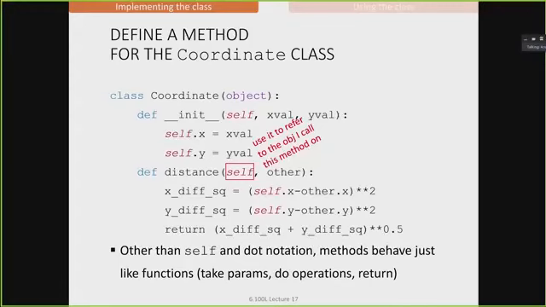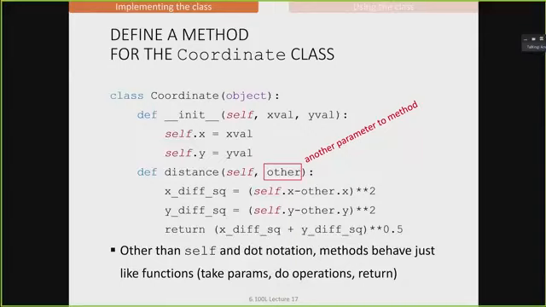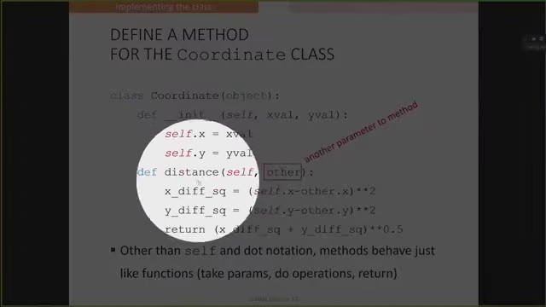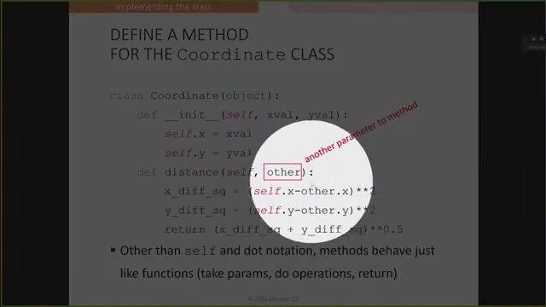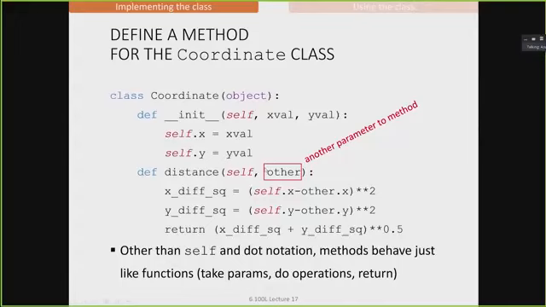And then what other parameters do I want to give to this function? Well, I want to find the distance between myself, the object that I'm going to call distance on, and another coordinate object. Other than maybe a docstring that says, warning, other should be an object of type coordinate, there isn't really anything that enforces the type of other when you make a method call.